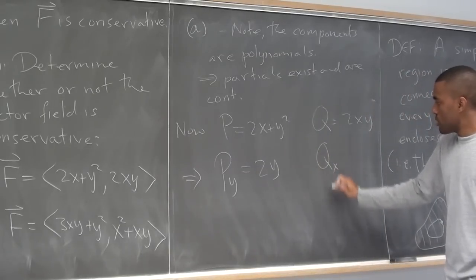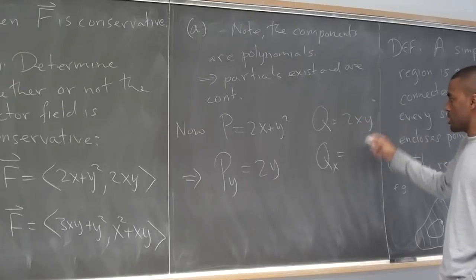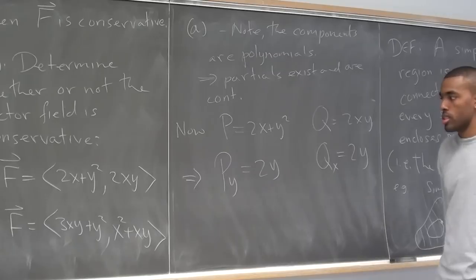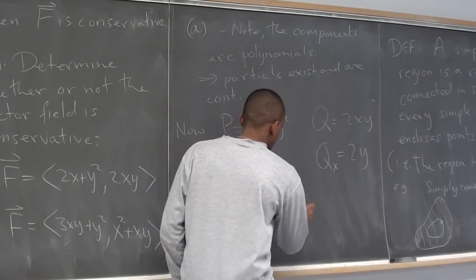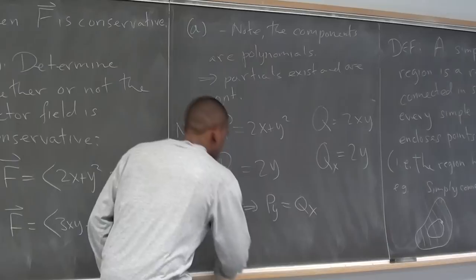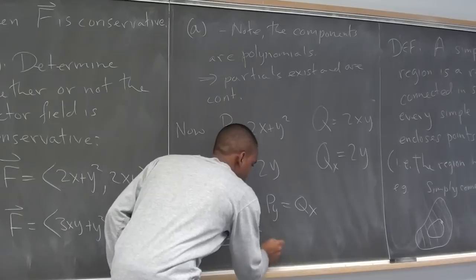Now we're going to take the partial of this with respect to x, which means that your y is a constant, so you differentiate a function of x, just leaves you with a constant. This means that P_y equals Q_x, which coupled with these facts means F is conservative.